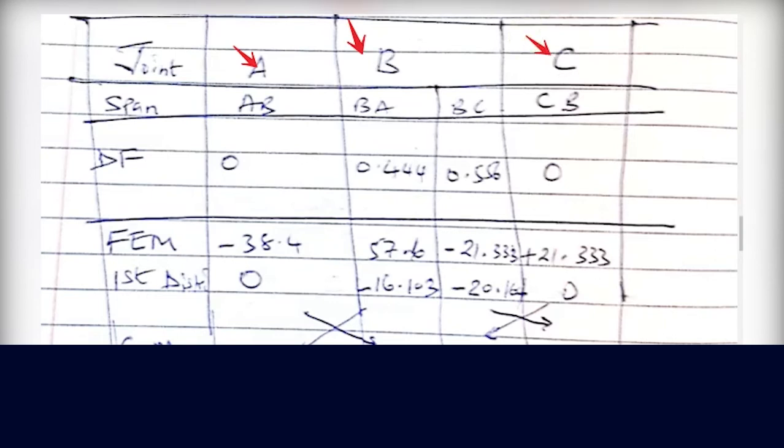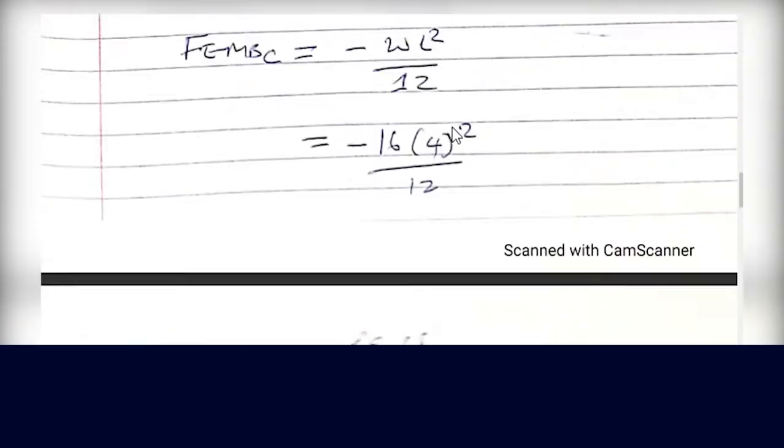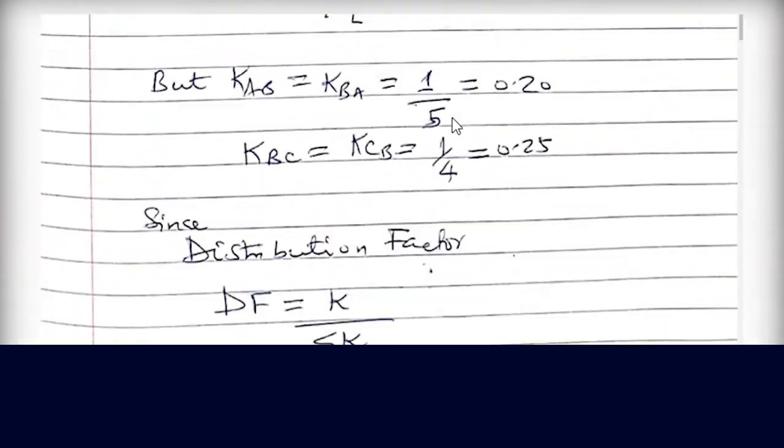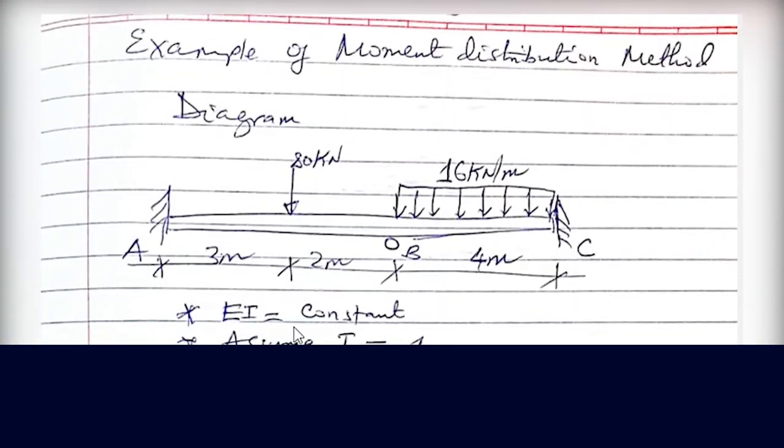Now these are obtained from the previous support. As you see, the moment distribution is a function of your joints, which are joint A, joint B, and joint C here.